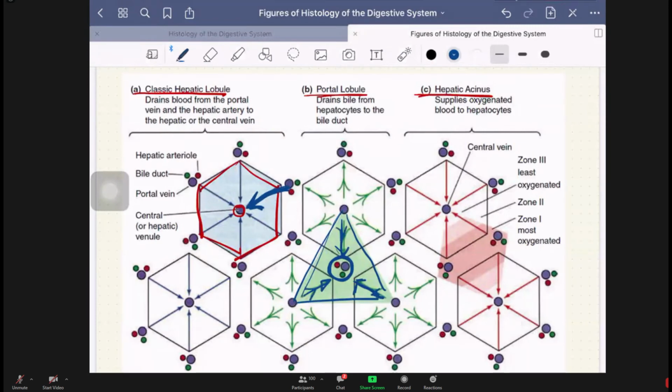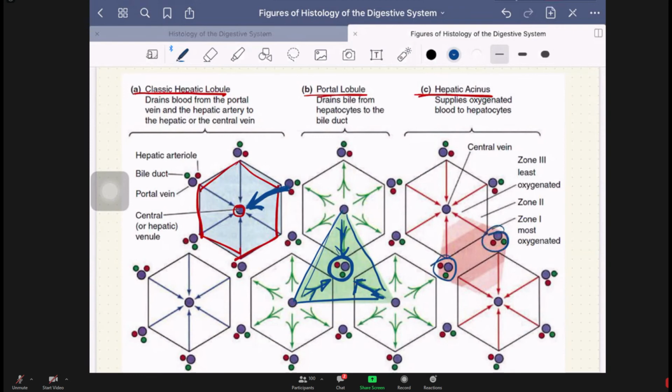So this is the function related to the portal lobule. Another one is the hepatic acinus. This is diamond shape. On 2 sides it has the triangle and portal triad.